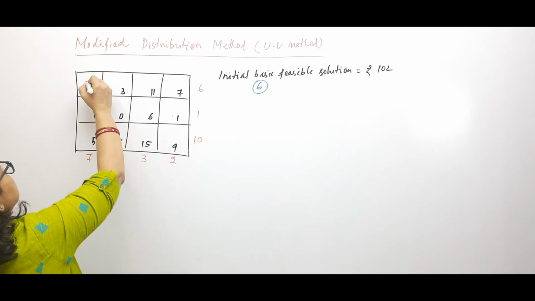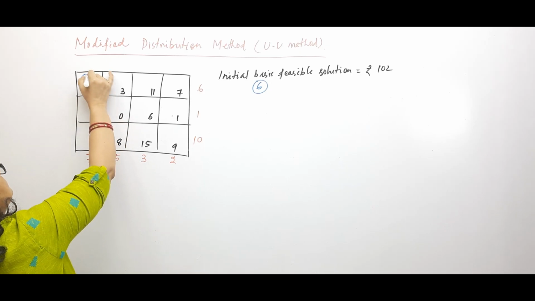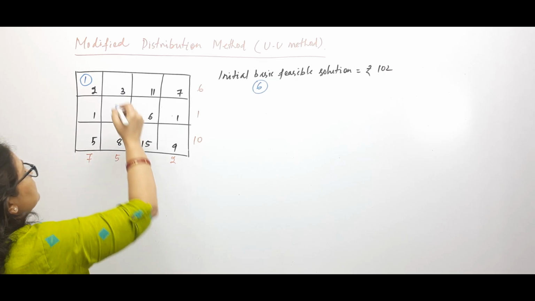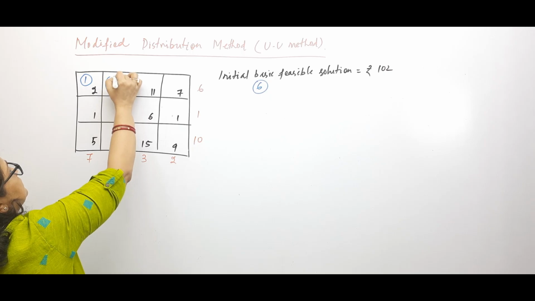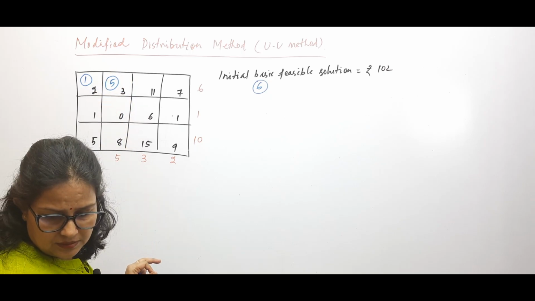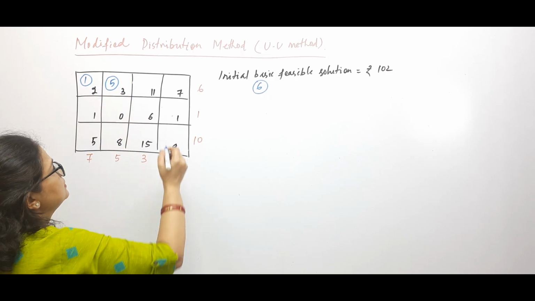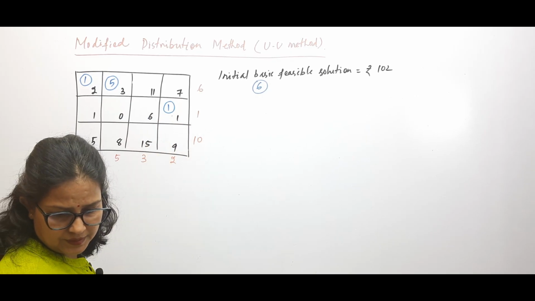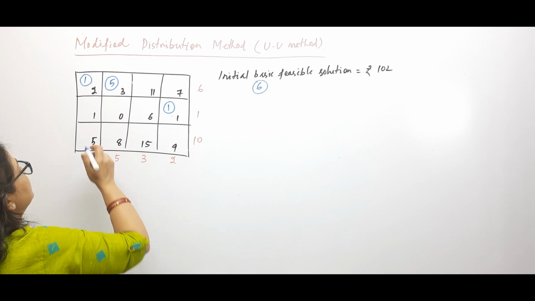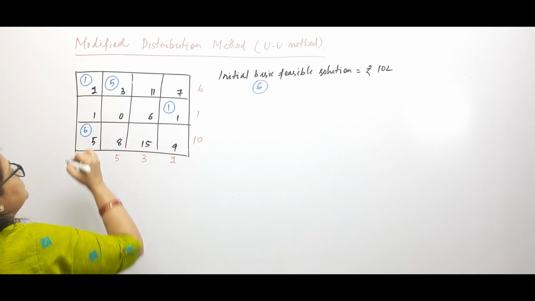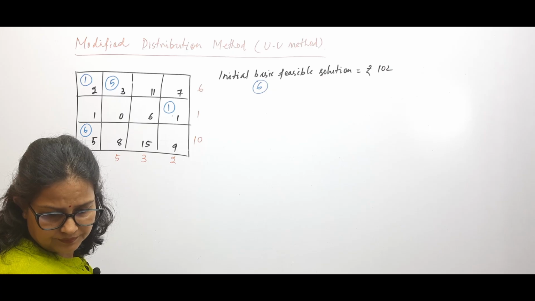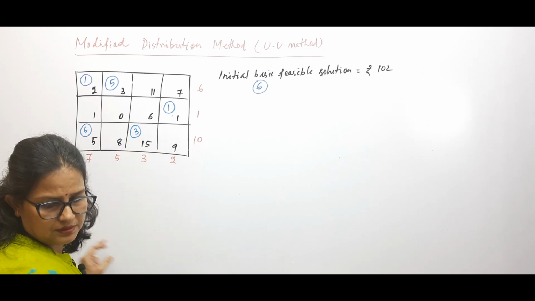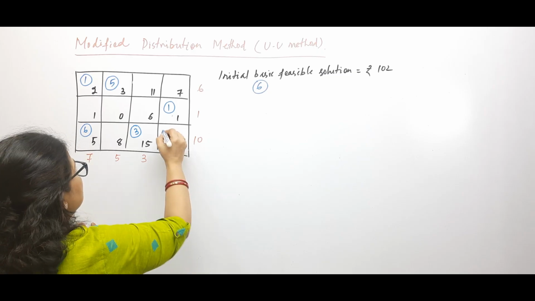So here we have 1, then 5, then 1, 6, 3, 1.